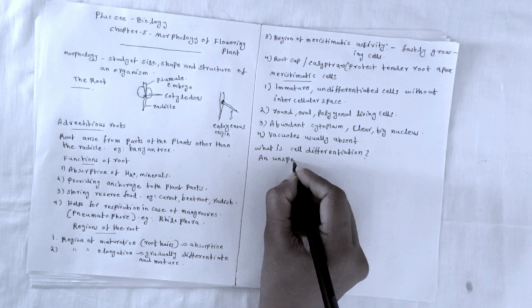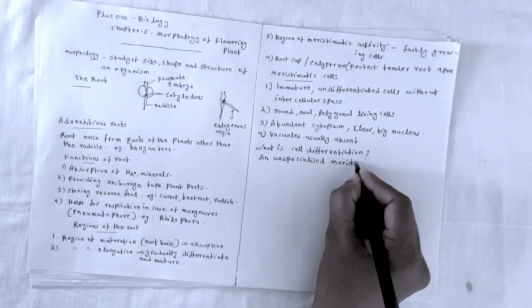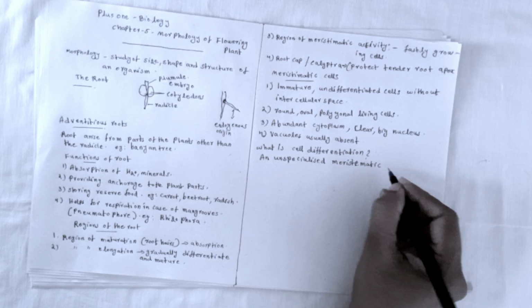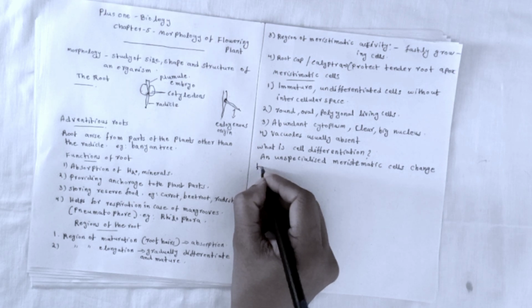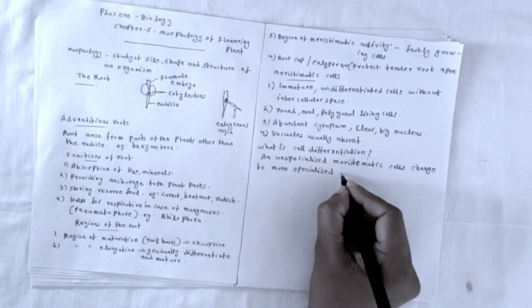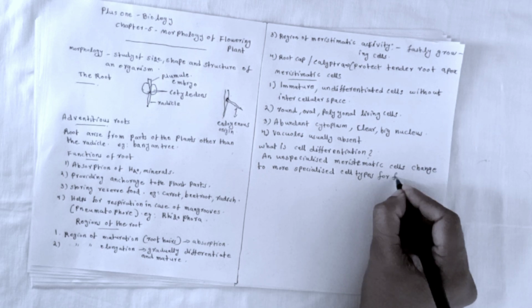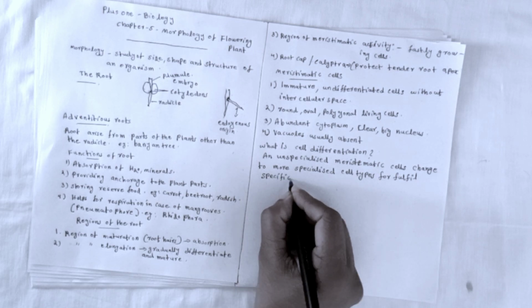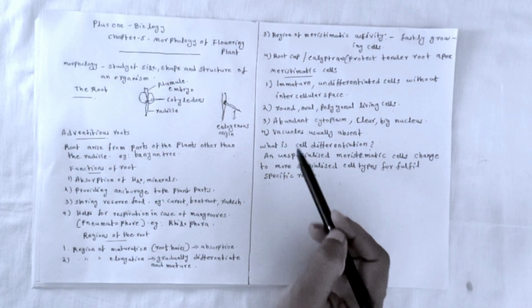Usually, these meristematic cells are parenchymatous cells.